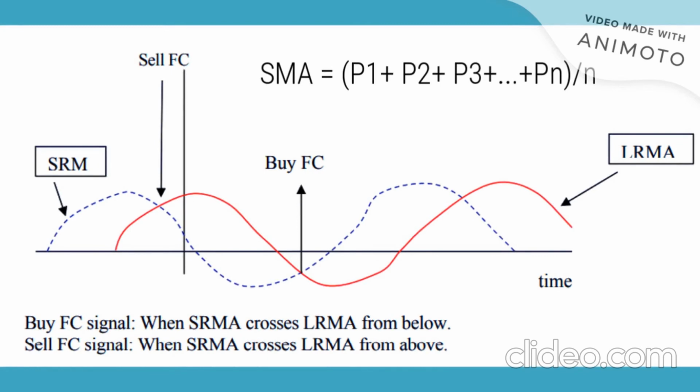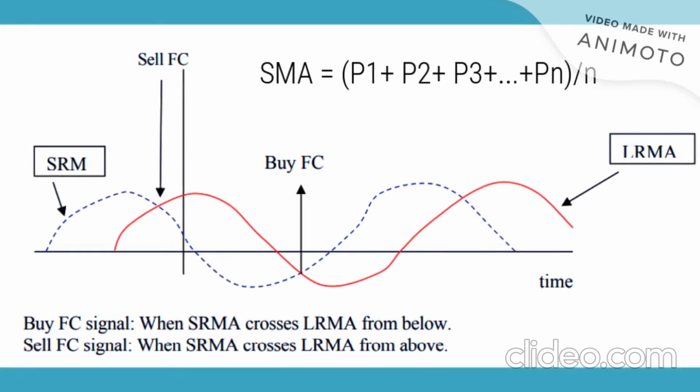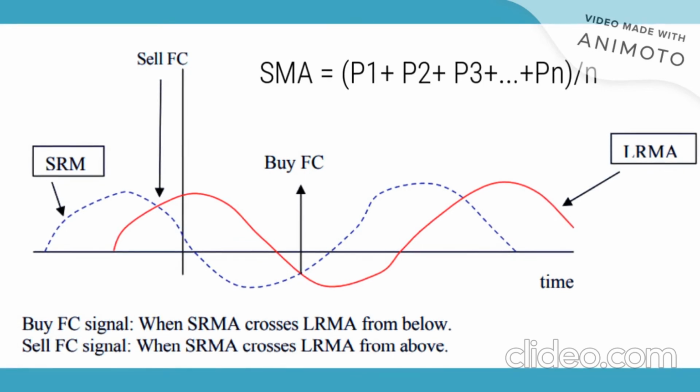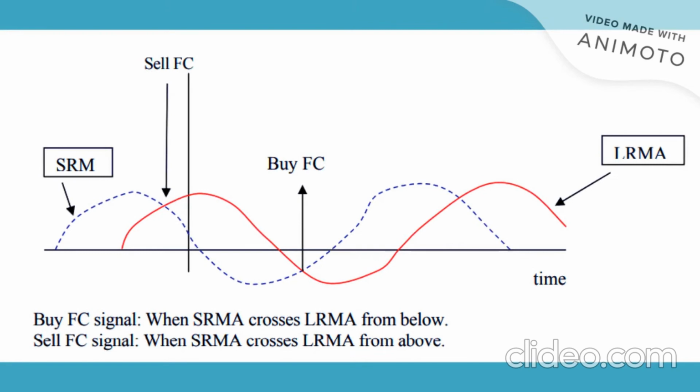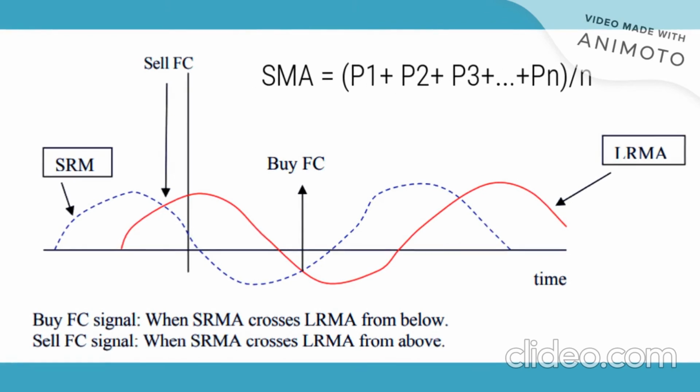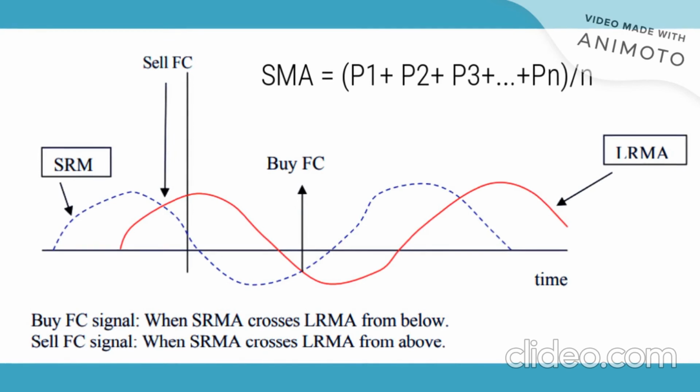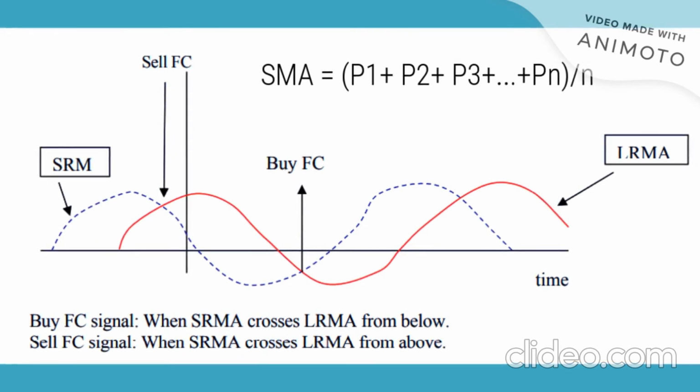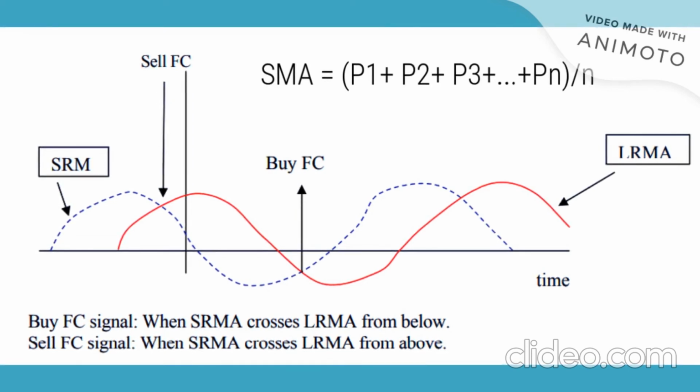The double moving average system uses two moving averages, a long-run and a short-run moving average. A long-run moving average will always lag a short-run moving average because it gives a smaller weight to recent movements of exchange rates. In moving average models, buy and sell signals are usually triggered when a short-run moving average of past rates crosses a long-run moving average.